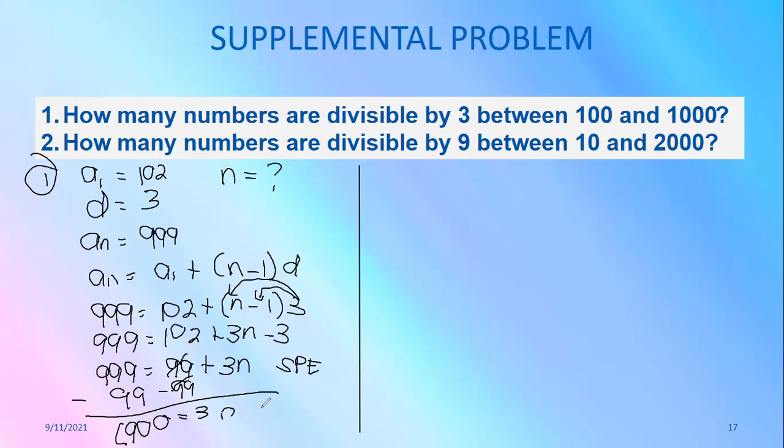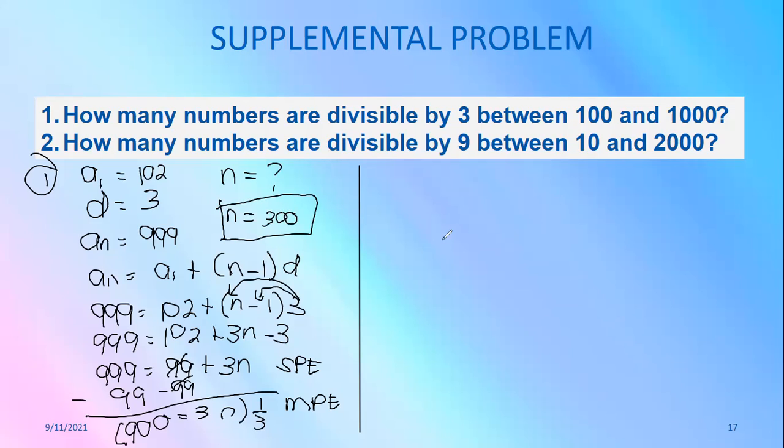By multiplication property of equality. So yung number of terms mo ngayon is 300. Ibig sabihin, there are about 300 numbers which are divisible by 3 between 100 and 1,000.